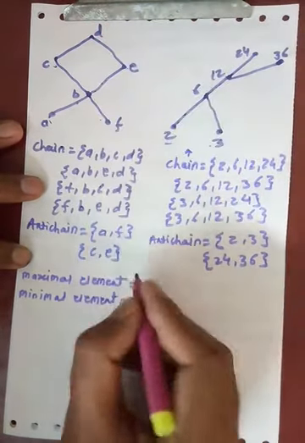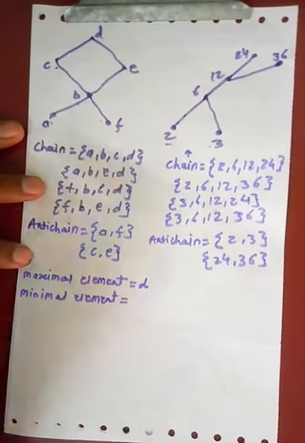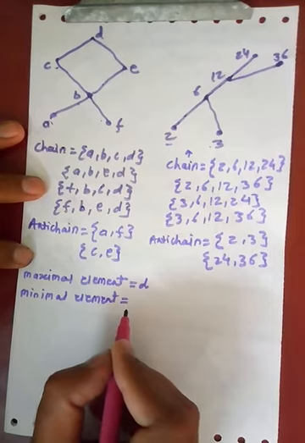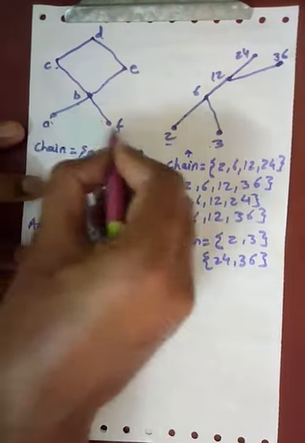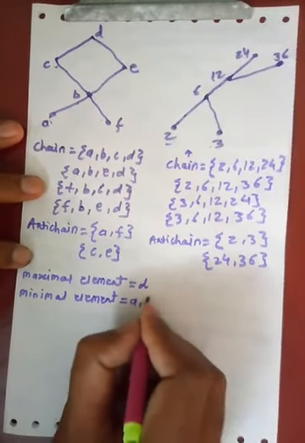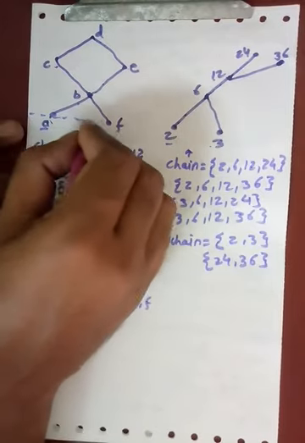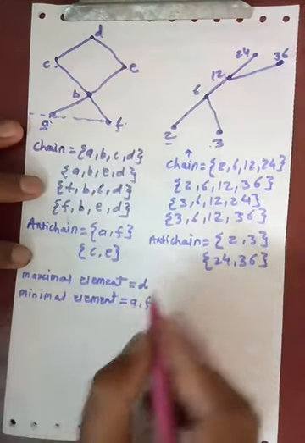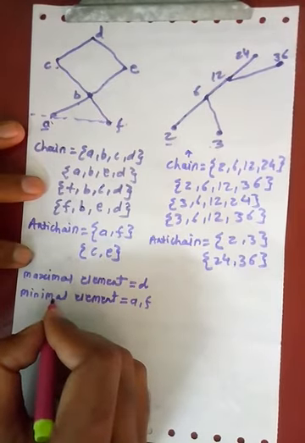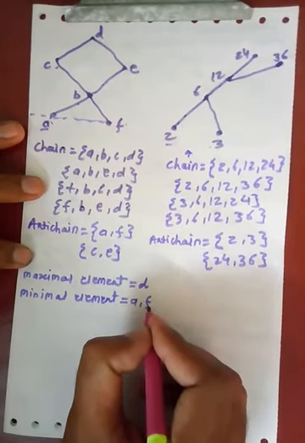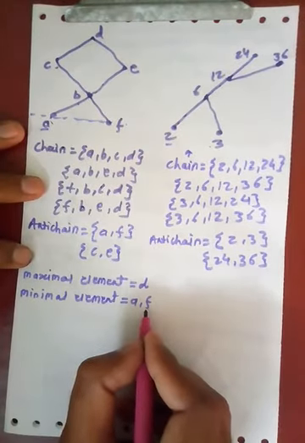So D is the maximal element, and the minimal element is the element which is at the lowest level, that is A and F, because these two are at the same level. So these two are the minimal elements. So maximal and minimal elements may be more than one, right? So here A and F, these are the two elements.